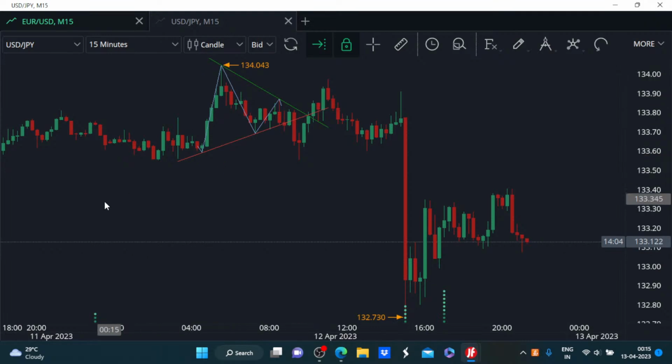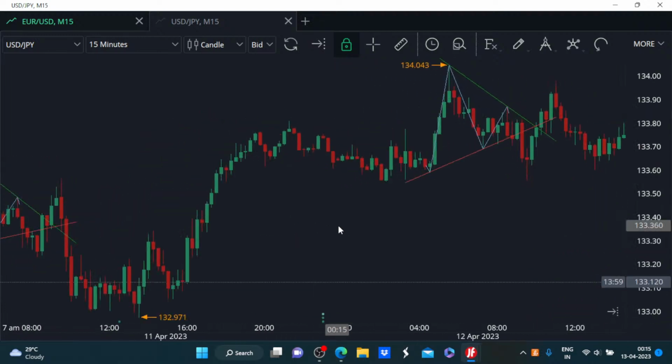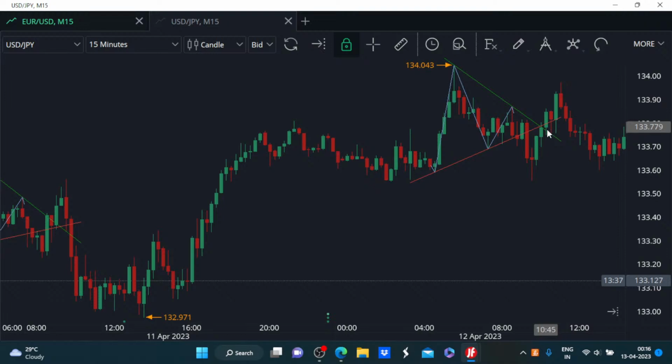So here, if you look at this price formation prior to the release of US CPI, we had the consolidation going on with the price converging a little below 134, around this price level of 133.8. And here, if you had to look for a trading opportunity after the completion of the triangle setup, this would have worked out as a continuation formation, as we had the uptrend prior to the formation of the triangle, and then we had the move on the higher side.